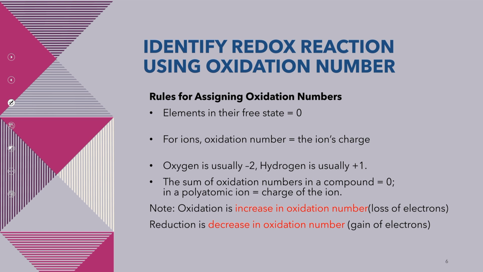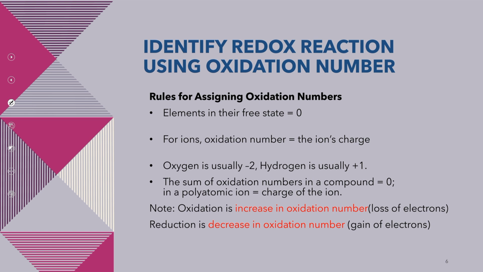Remember these rules: elements in their free states have their oxidation state as 0. For ions, oxidation number equals the charge on the ion. Oxygen is usually -2 in all its compounds except the peroxides. Hydrogen is +1, and the sum of the oxidation numbers in a compound equals 0.